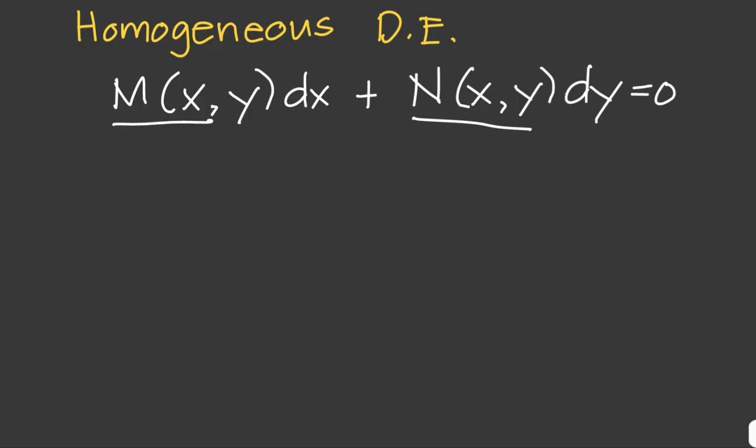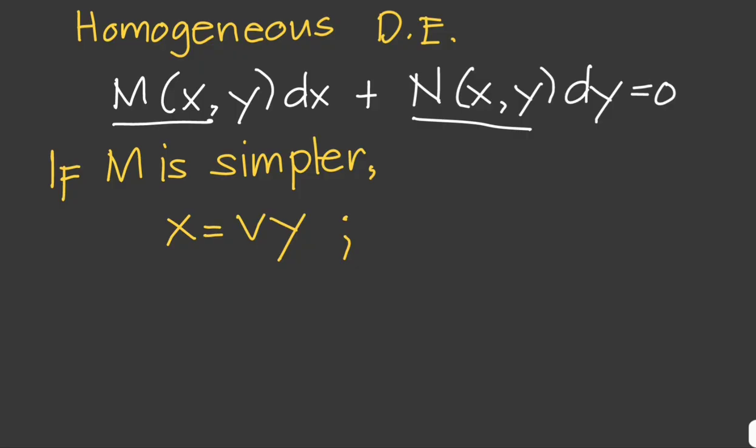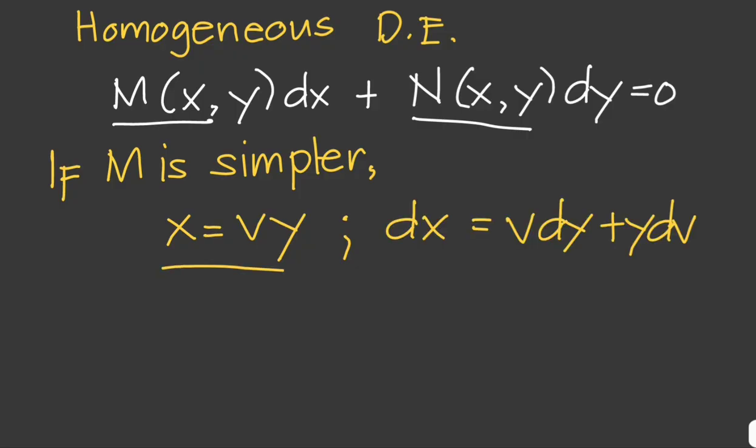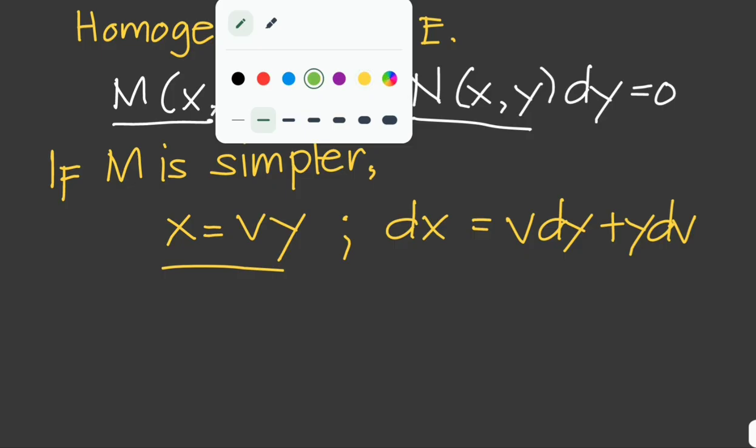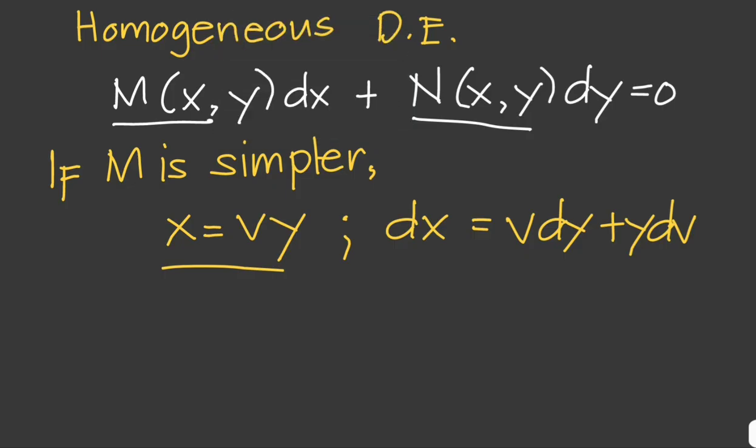So we choose which of the two functions M and N is simpler. If M is simpler, then we use x equals vy. This is for if M is simpler.